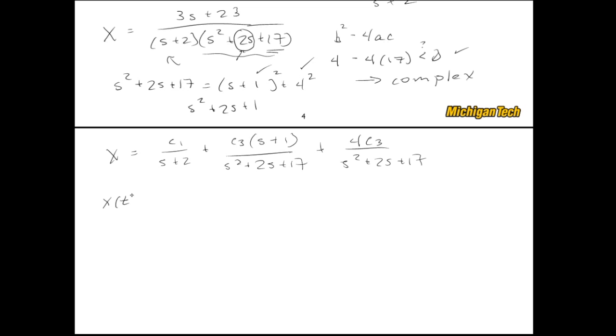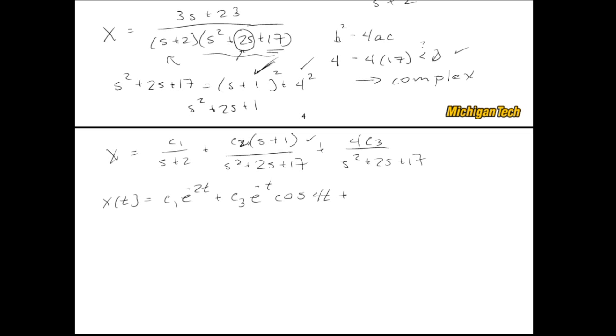in the time domain, the solution to this differential equation is C1 e to the negative 2t plus C2 e to the negative t, negative 1t, again the 1 comes from right there, cosine 4t, that's this term, plus, oops, hey, I've got two C3s.